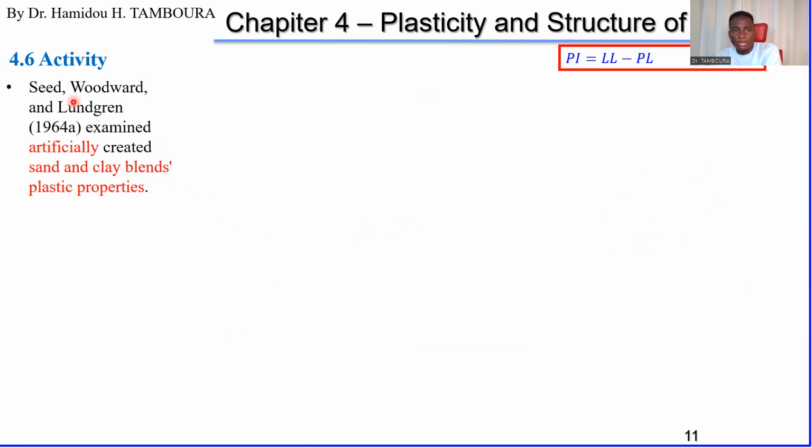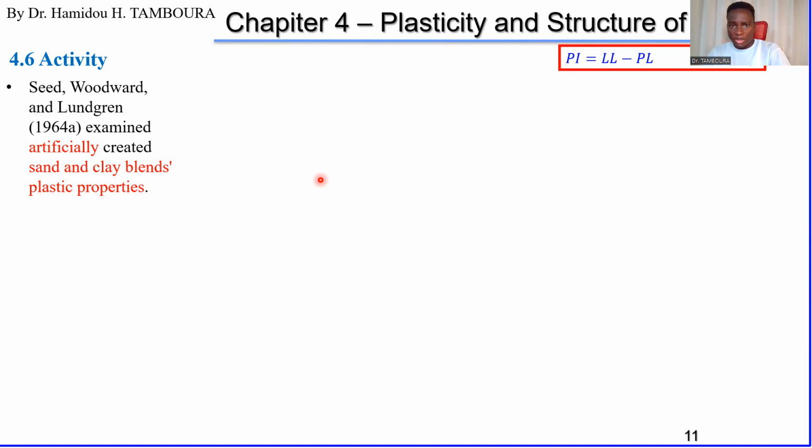And this reference also, they wanted to do actually deep digging on this activity, clay activity. What they did is create an artificial mixture of sand and clay.